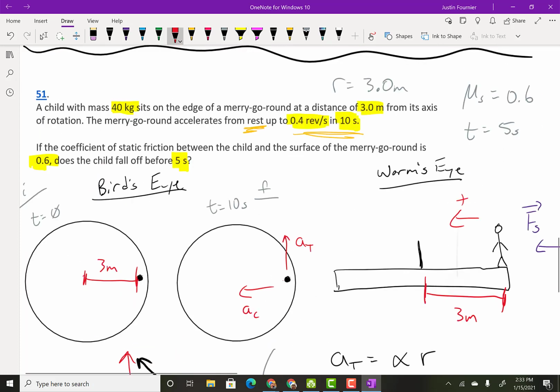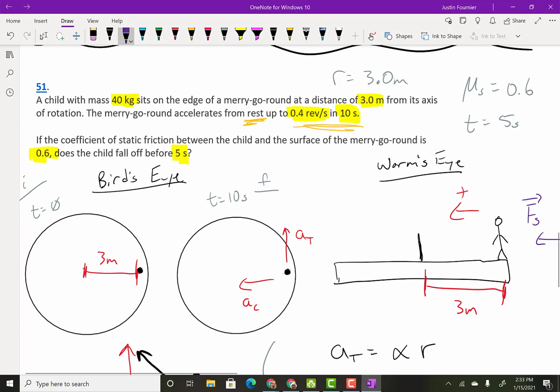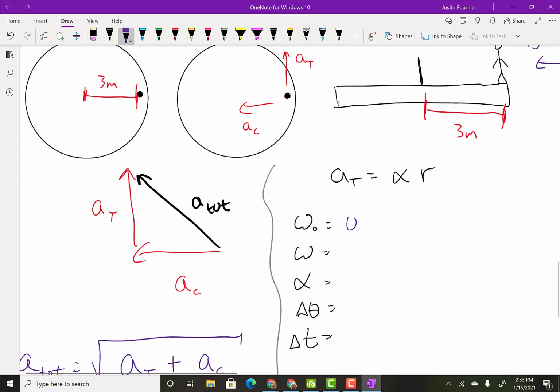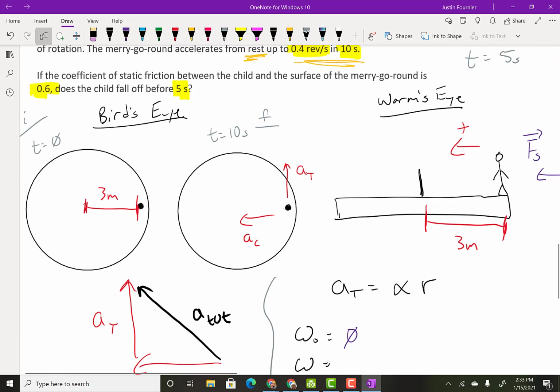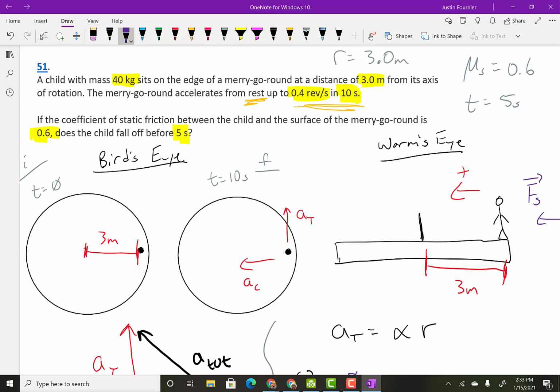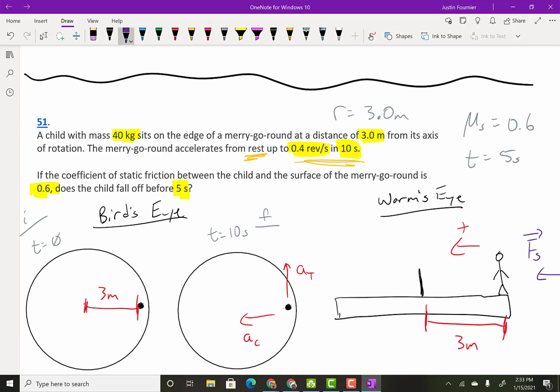So from rest, the initial angular velocity is 0, and then I get to a speed of 0.4 revolutions per second. Let's convert that to radians per second really quickly. 0.4 revolutions per second times 2 pi radians in one revolution.